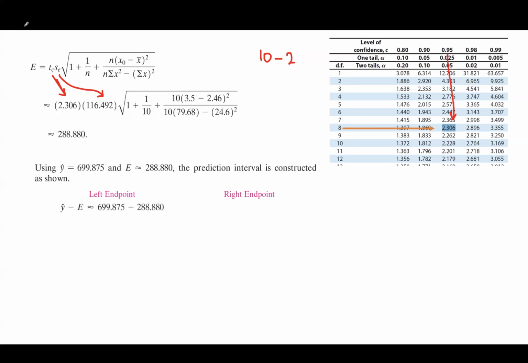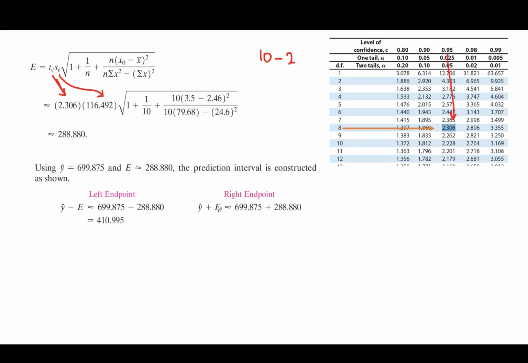So y hat minus e and y hat plus e: left endpoint, right endpoint. The concept for a confidence interval stays the same for every question. You always take your predicted value, which in this case is your point estimate, minus the margin of error you calculated using the formula, and the point estimate plus the margin of error.